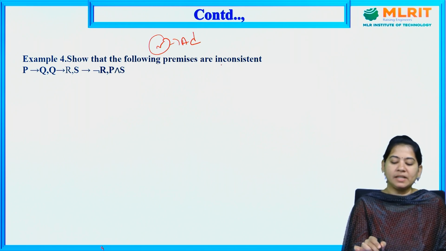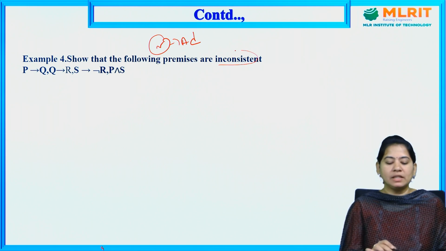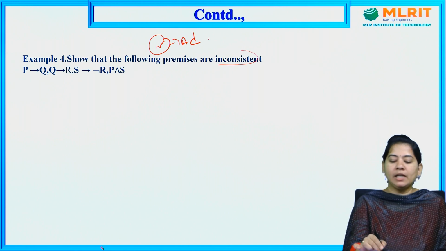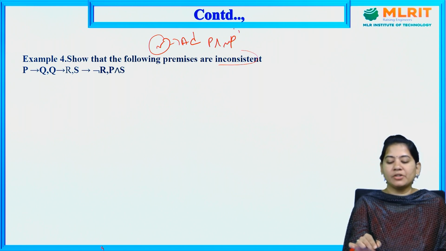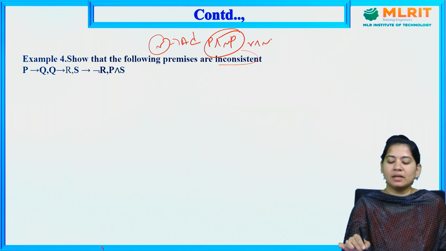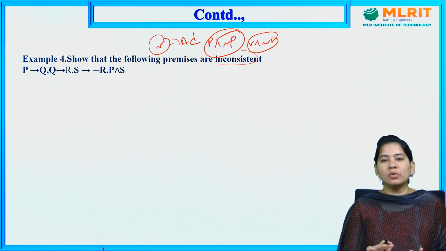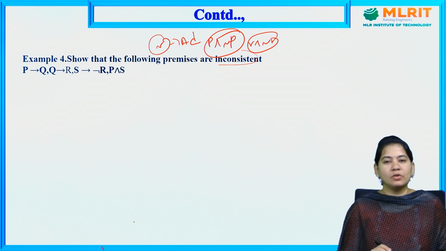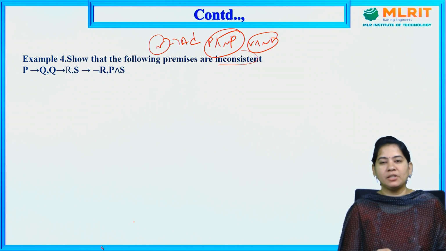But whereas in inconsistent premises, they will not give any conclusion. So only with the given premises, you have to solve it until you get into the form of contradiction format, P and negation P, R and negation R or anything, but the conclusion is not given. The only difference is there is no conclusion in inconsistency of premises, whereas in the indirect method of proof they will be giving the conclusion. For that you need to apply negation and solve along with the given premises.